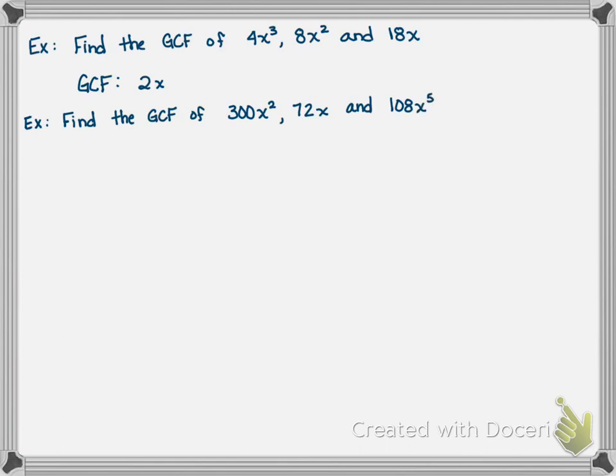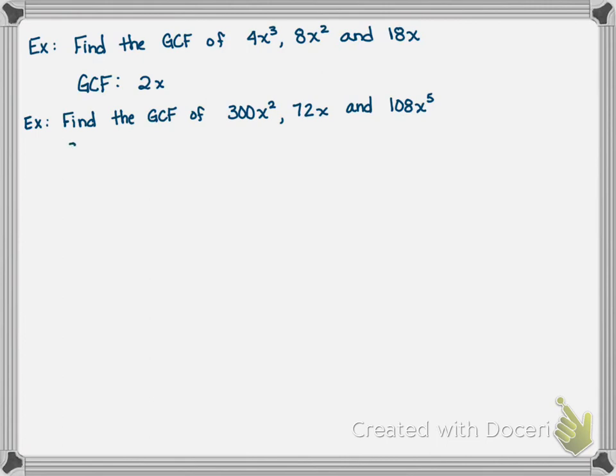So these numbers are fairly large, and it's maybe not super obvious what the GCF is. I can look at 300, 72, and 108 and see they're all even, so they're all divisible by 2, and maybe we can see that they're all divisible by 3, but it's hard to tell what the biggest number they're all divisible by is. And so we can use the prime factorization to find all of their common factors and put those together to build the GCF.